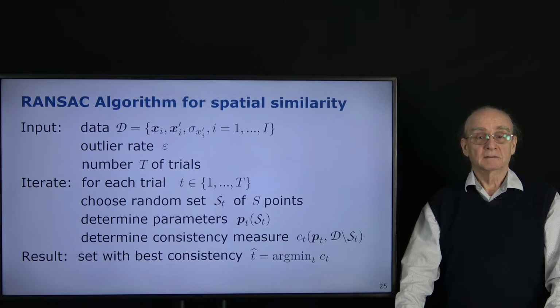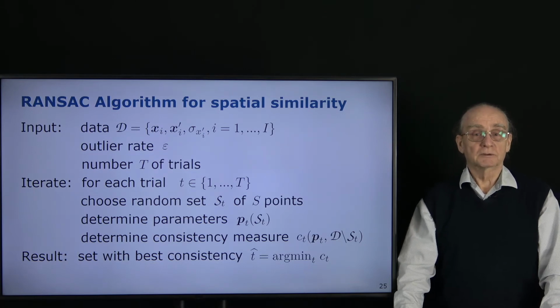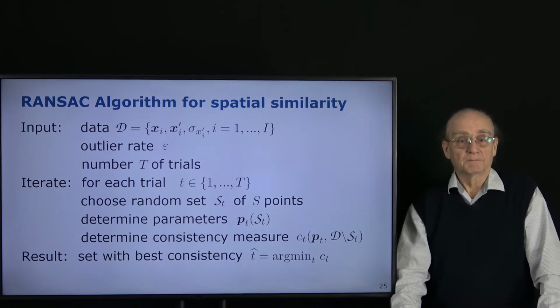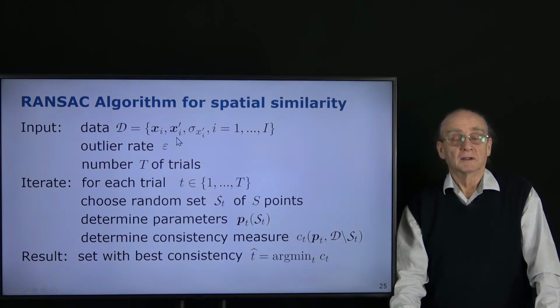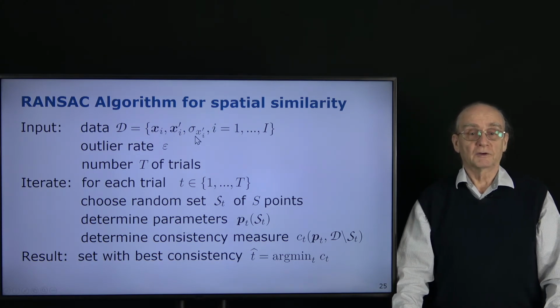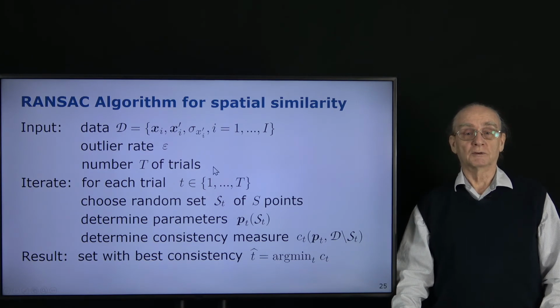So let's sketch an algorithm for the spatial similarity which uses this principle of RANSAC. We start with having the data, which are the pairs of the points in the given and the observed system. Let's assume we have the standard deviations of these points, and we have I points altogether.